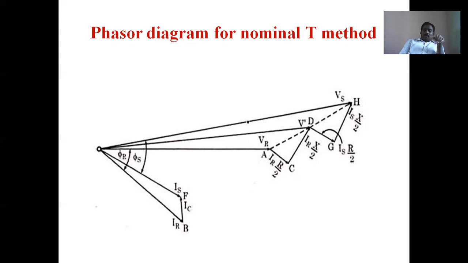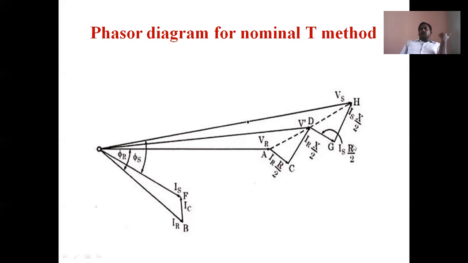Then by adding these four drops, IR into R by 2 plus IR into X by 2 plus IS into R by 2 plus IS into X by 2, plus the receiving end voltage VR, we get VS, the sending end voltage. If you observe, the voltage drop across the first section is IS into X by 2 plus IS into R by 2.